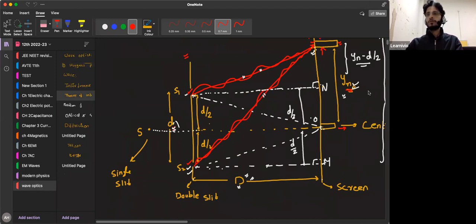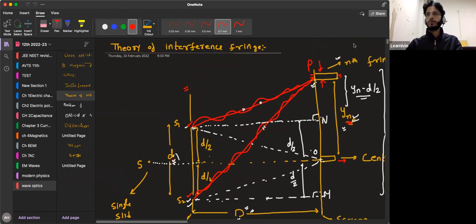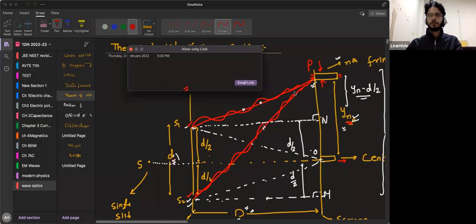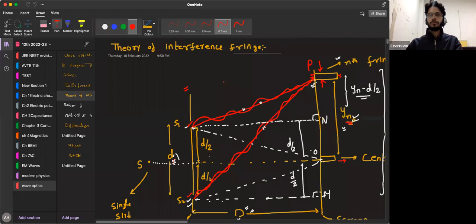I can see only till chapter 7, AC. EM waves, modern physics, and wave optics are not visible. Okay, I'm sharing the link again. Maybe it's a problem with the synchronization. Okay, sir. I'm sharing the link again. So I put the link in the chat.